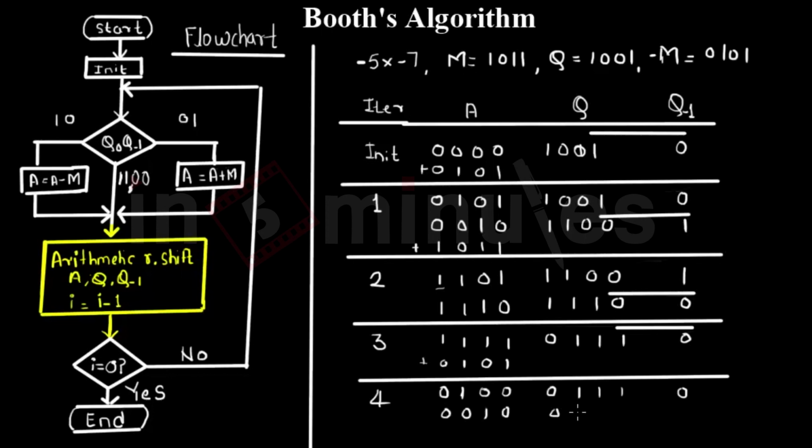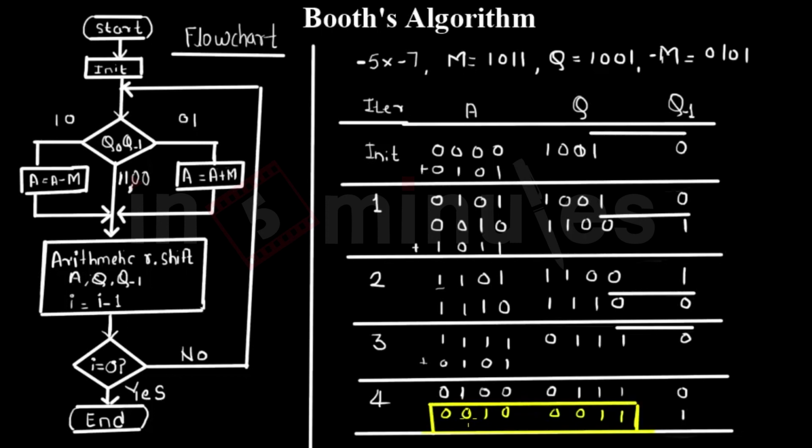That's it, the algorithm is complete. And now where is the answer? The answer is A and Q combined. So this is the answer we are getting, 1 0 0 0 1 1. You have to discard the Q minus 1 term, and the answer lies in A and Q, which is equal to, we can see, 35, the answer expected.